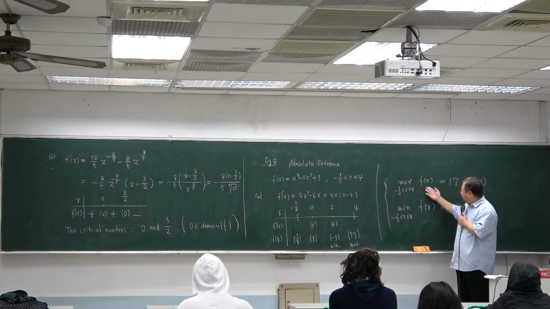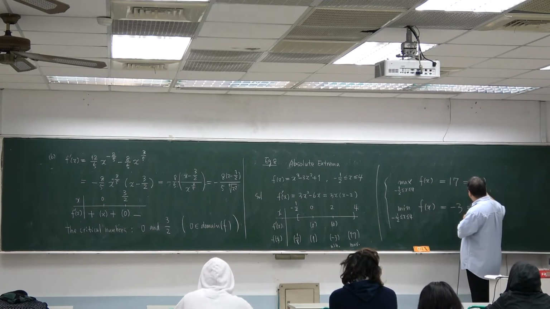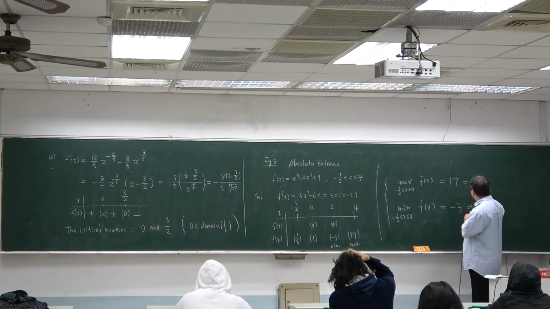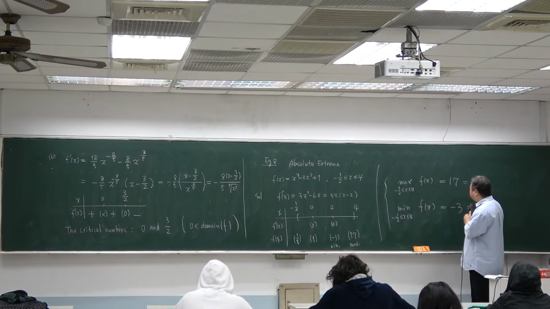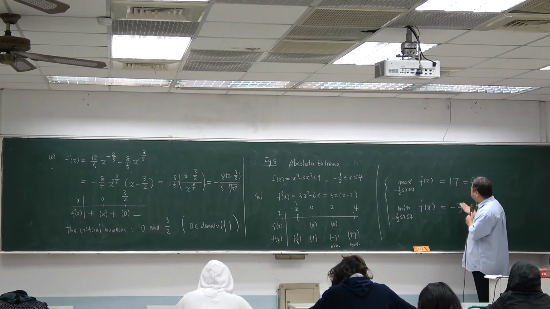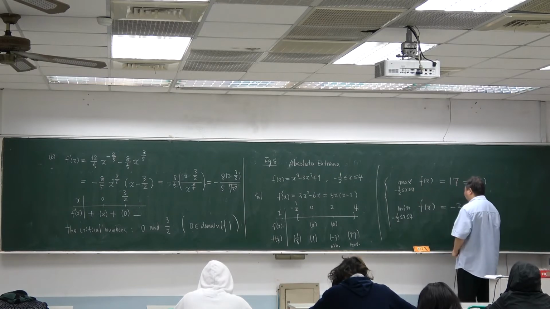So, objective function, and this number makes this value a maximum. So this number is also called the argument, or an optimal solution to this programming.